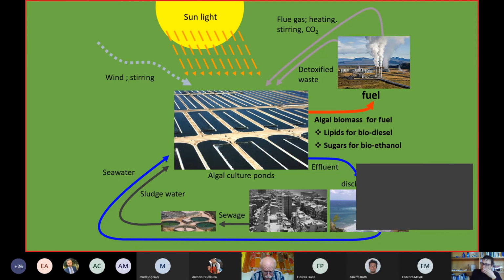Okay, now you have here a few illustrations of the combination of things.